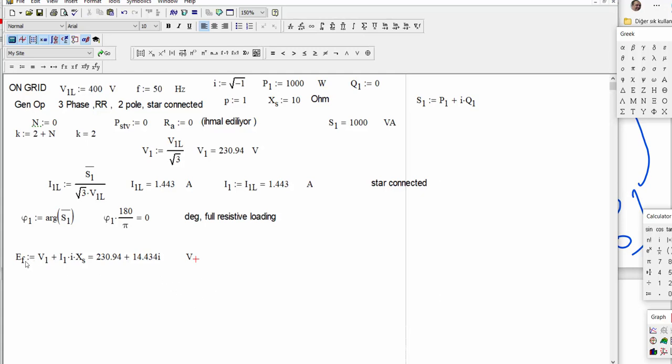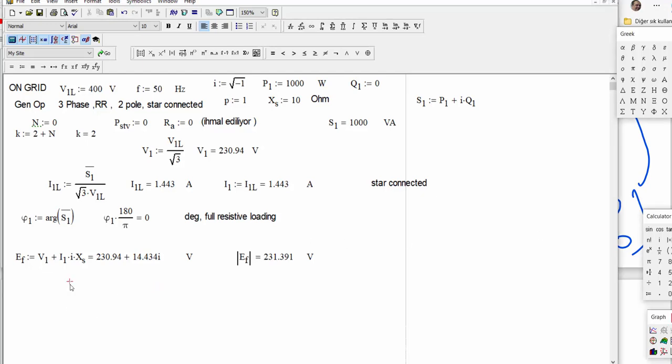So the amplitude of EF is given here, let me write it down. That is the amplitude of the complex number, and let me calculate the argument of EF.